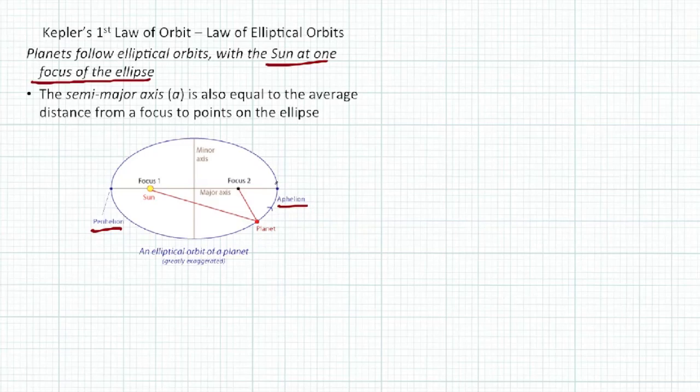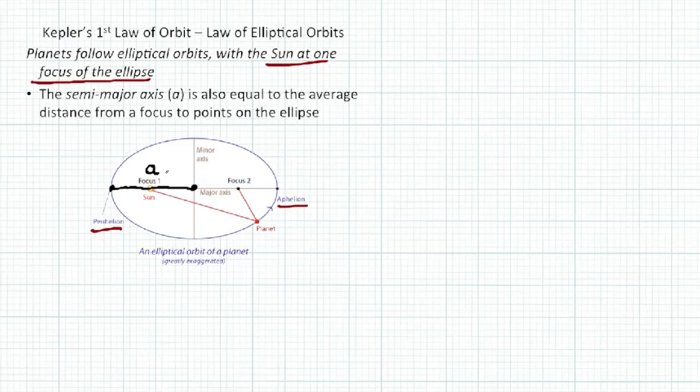And a very important dimension of this is what we want to call the Semimajor Axis. The Semimajor Axis exists not from a focus to any one point, but really from the center of the whole ellipse all the way out to the edge. That's the Semimajor Axis, and we're going to call that A.